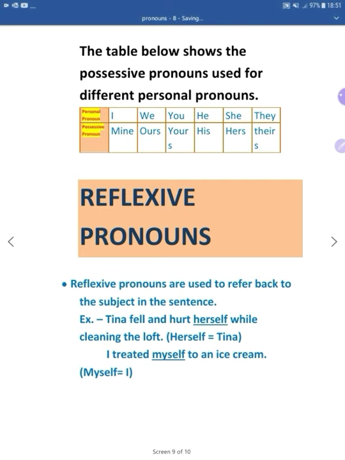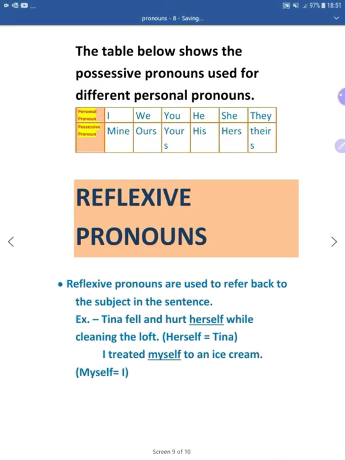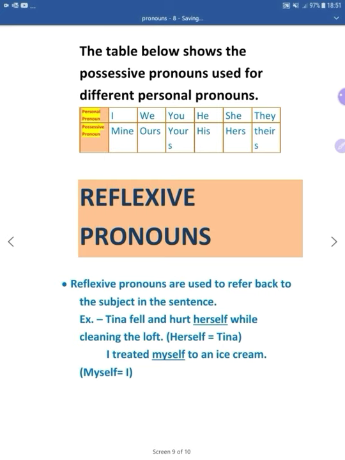If the personal pronoun is I, then the possessive pronoun will be mine. If the personal pronoun is we, then the possessive pronoun will be ours. If the personal pronoun is you, then the possessive pronoun will be yours. Similarly, for he, his; she, hers; they, theirs.